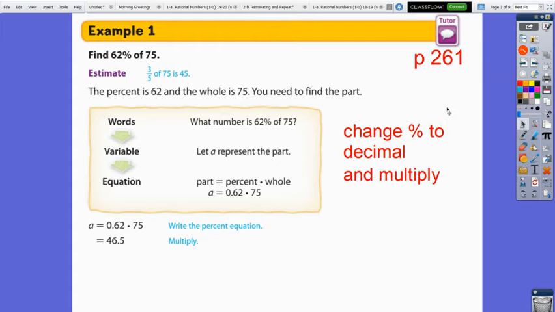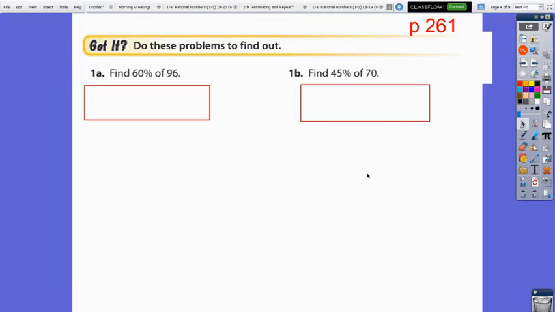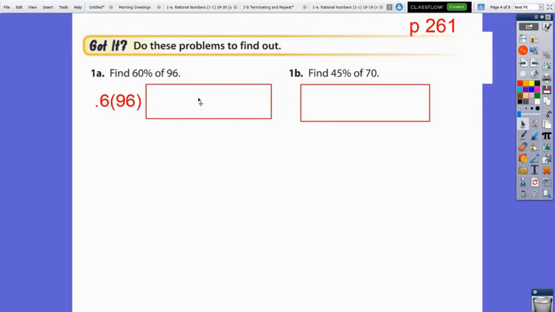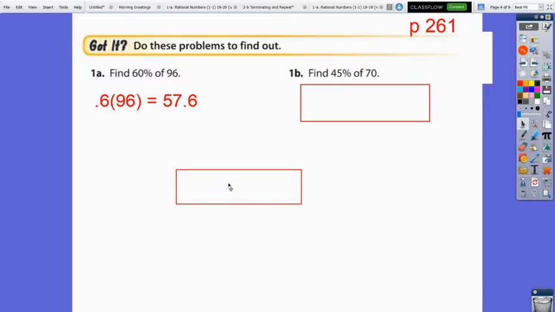And you got this discussion in the Math Antics video yesterday or during cohort time. Some got 60% of 96. So in your calculator, you're going to put 0.6 times 96. Convert the percent to a decimal and multiply. 60% of 96 is 57.6.